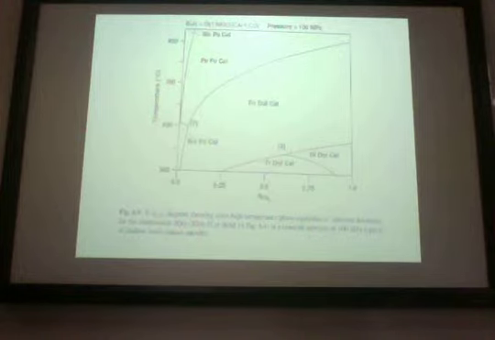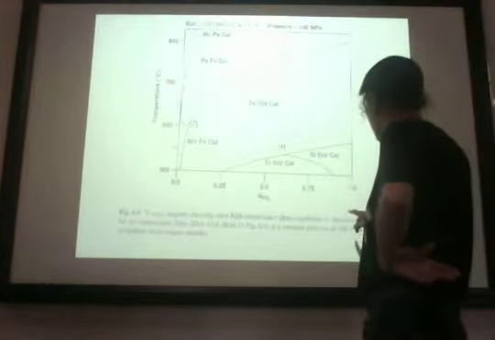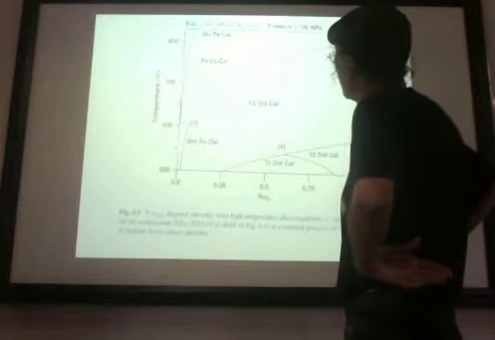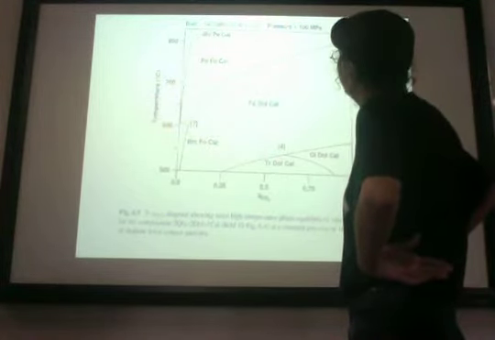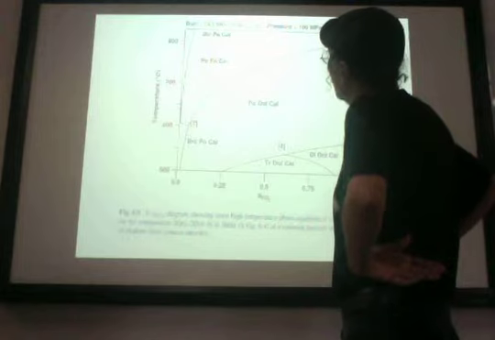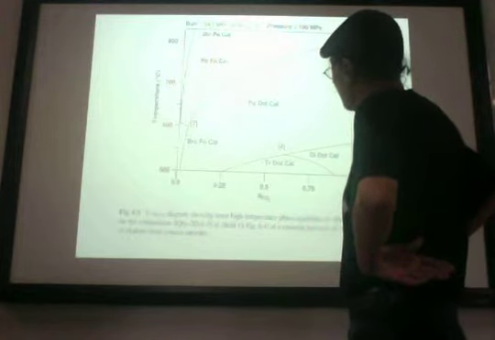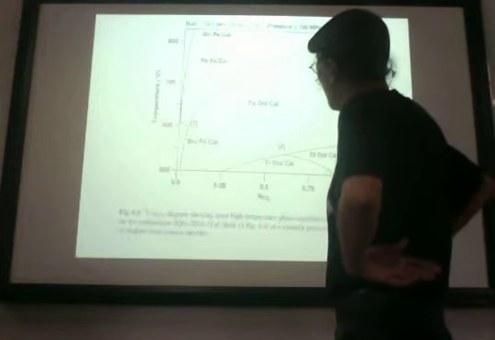Here we have the temperature-activity CO2 diagram for siliceous dolomites. That means we have the dolomite which contains also quartz inside. But you can see the same situation like before.